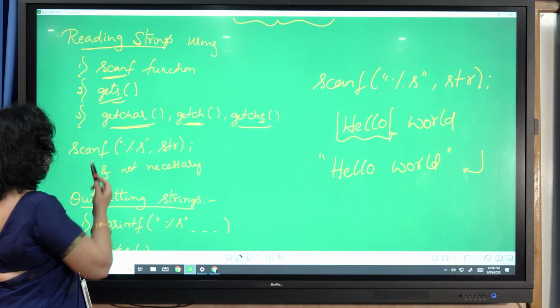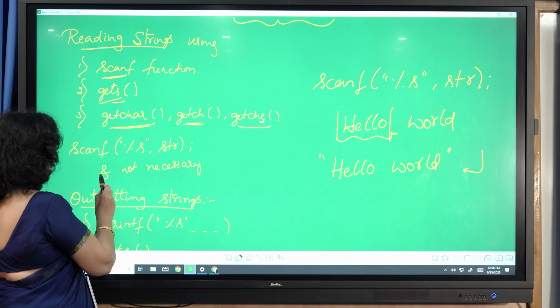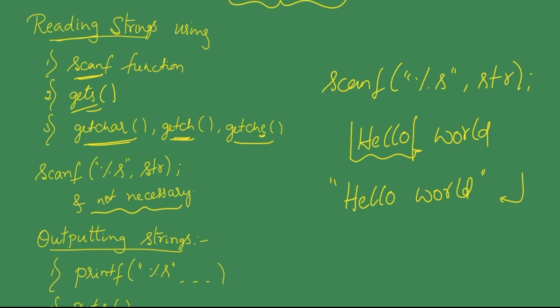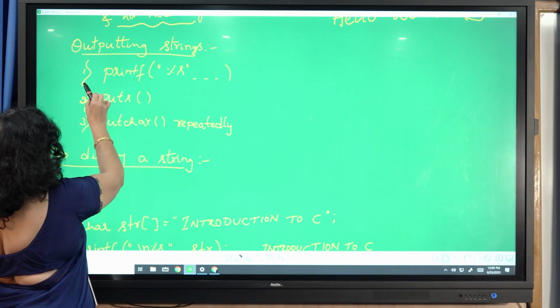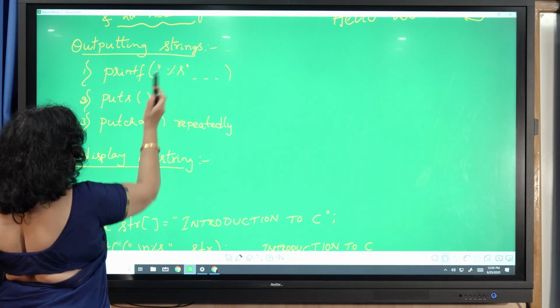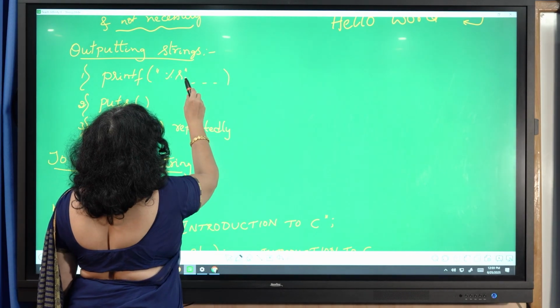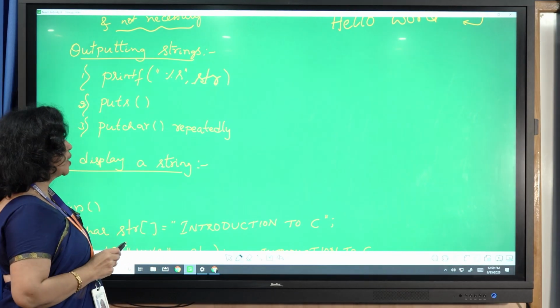So I have given an example here. Scanf with %s and str; the ampersand is not necessary, as I mentioned. Now, let's see how to output the string. For outputting the string, there are again three ways. We have printf with %s, and whatever string we want to output, say str.